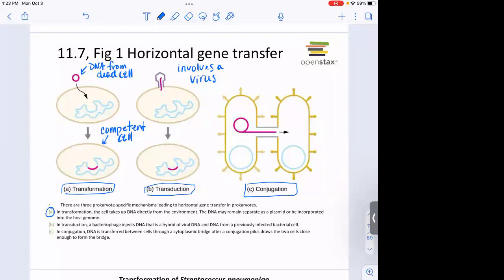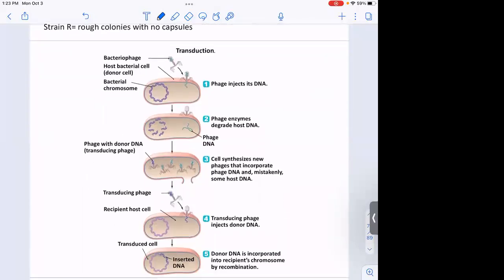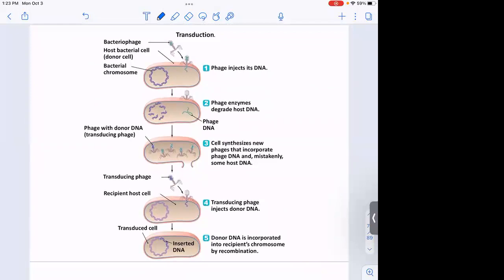So a virus that had previously infected another host can accidentally package up some of that host's genome and carry it to another host, and that can perhaps get incorporated into the new host's genome. Okay, so this kind of outlines that. We're going to talk more about this replication soon, probably on Friday, so that will make a little bit more sense.